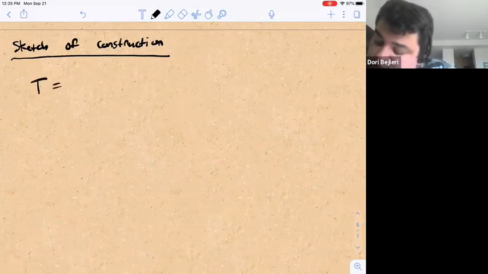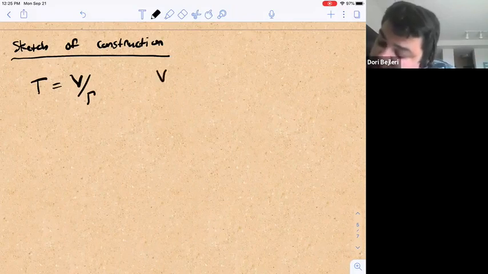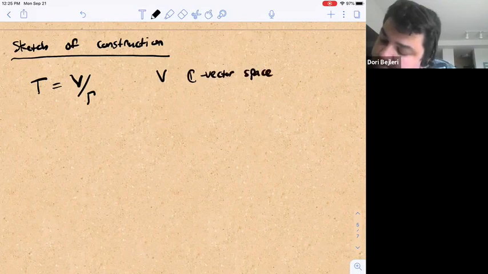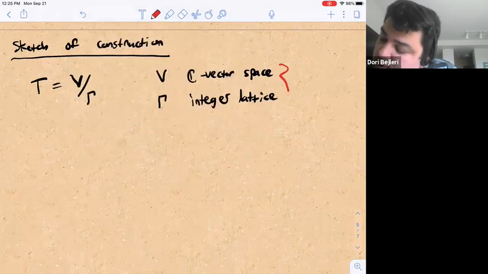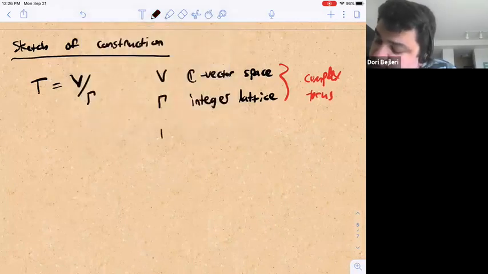Well, we can start off with some complex torus, which is of the form V mod gamma, where V is a complex vector space. Gamma is some integer lattice. And then we want it to be algebraic, so we need to include some polarization or ample line bundle to make it projective.